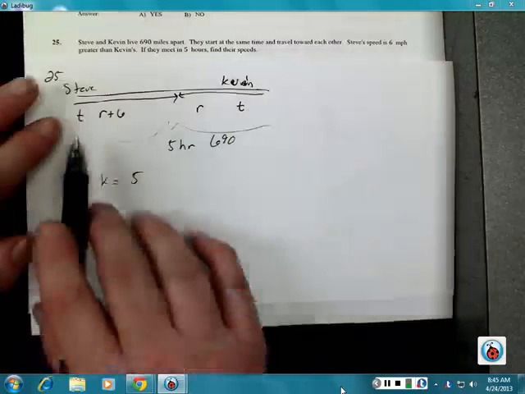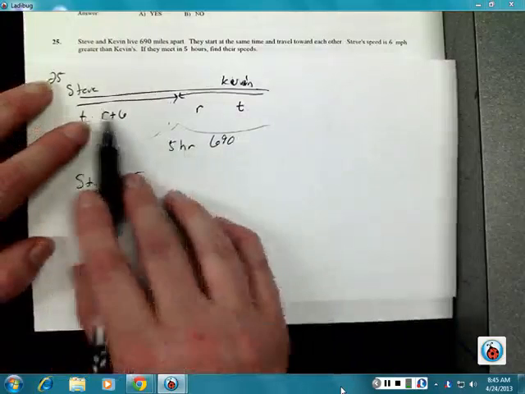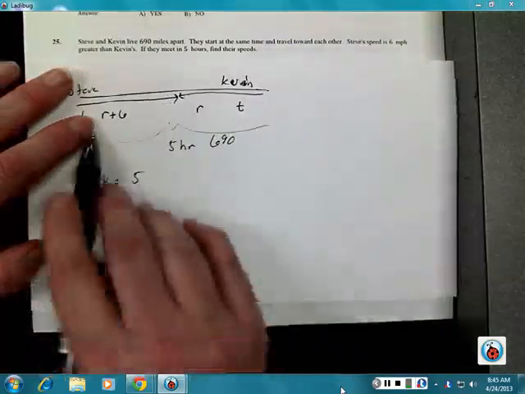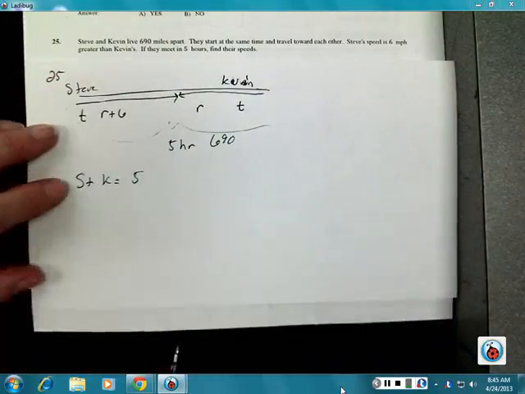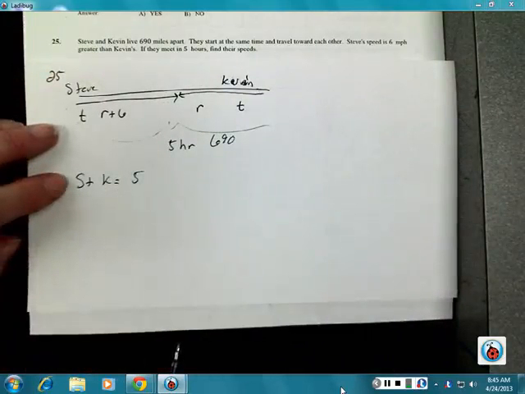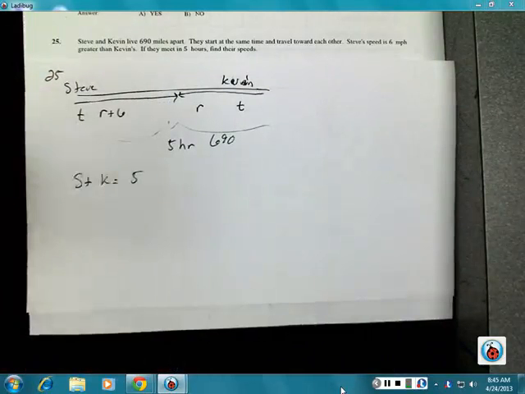But if I put my time into this, my r's aren't going to go back to my Steve and my Kevin pieces to end up coming up with what my solution would be. So what would we have to do?